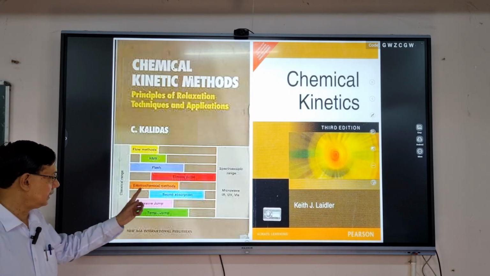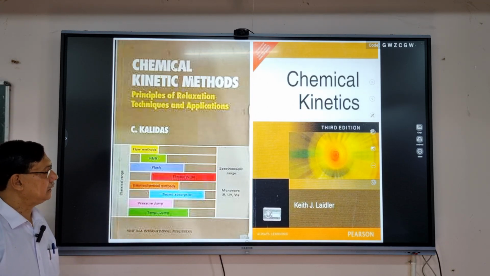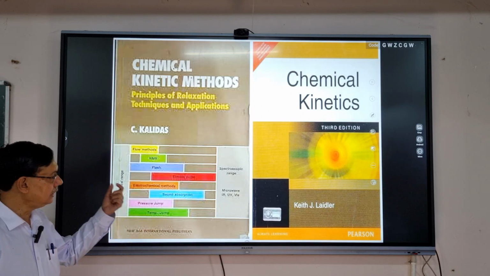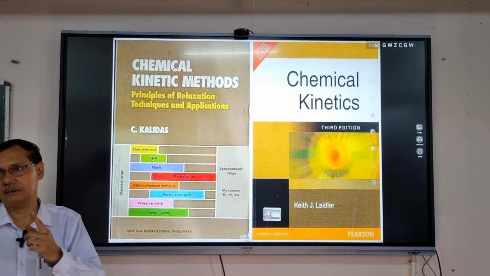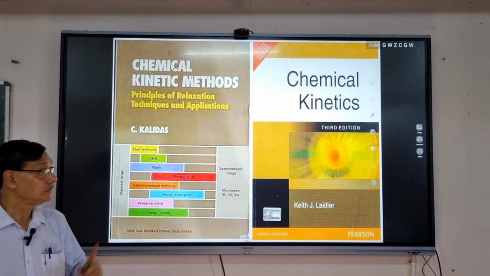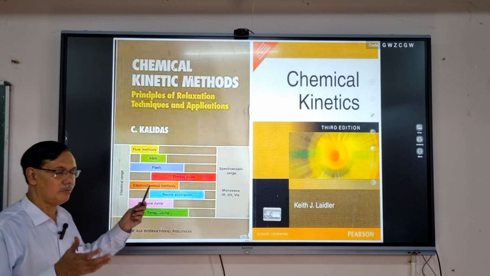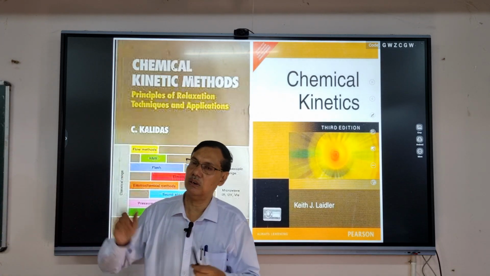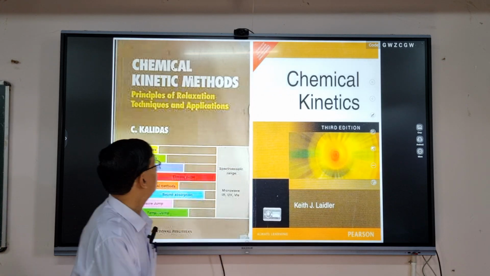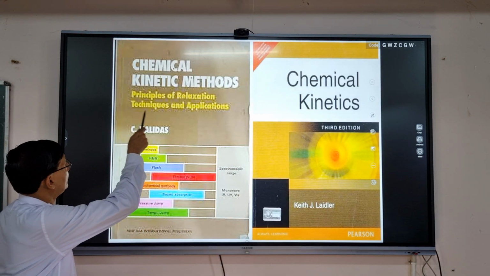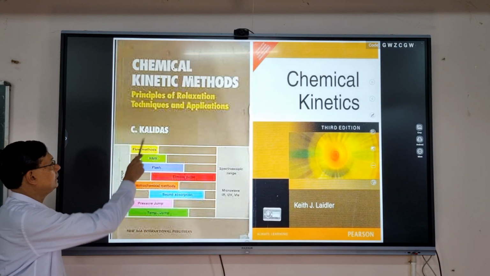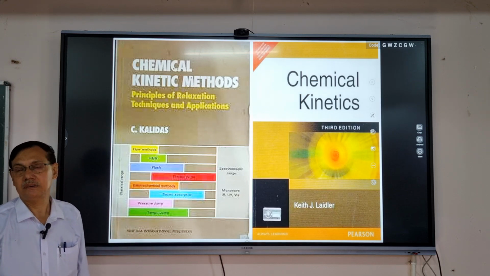So I must tell my students that you must refer to Indian books available for fast reactions. I think a large number of copies are available in our Pandit Ravi Shankar Shukla University, Raipur. That is Chemical Kinetic Methods by Professor Chetty Kalidas.